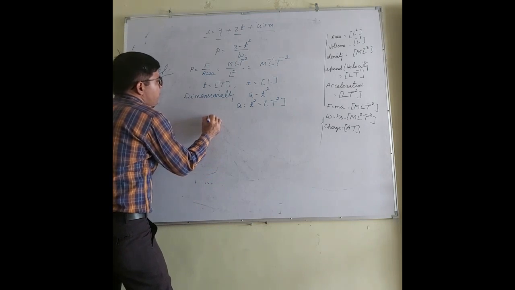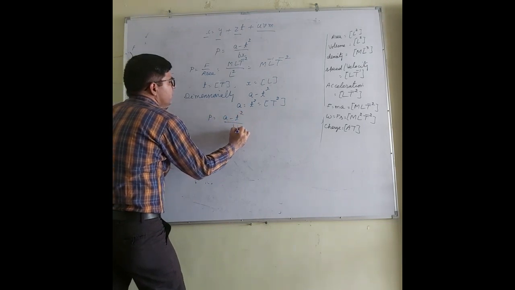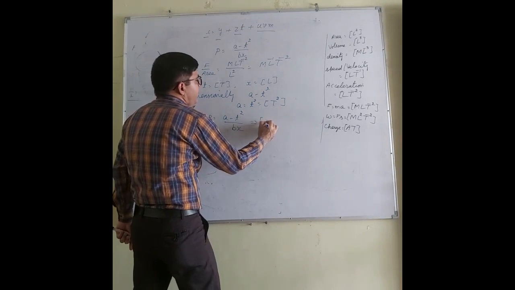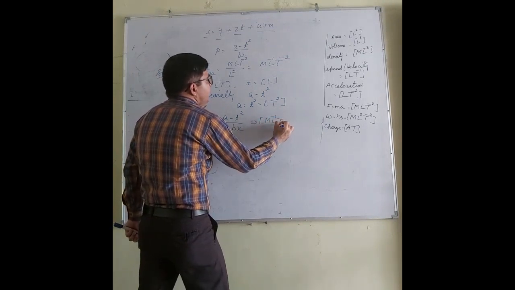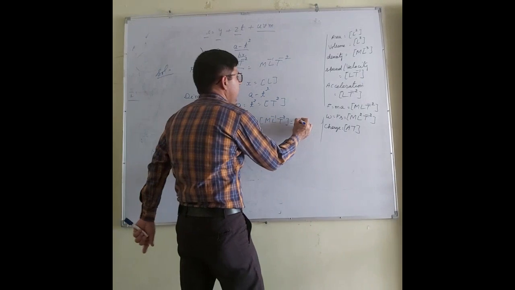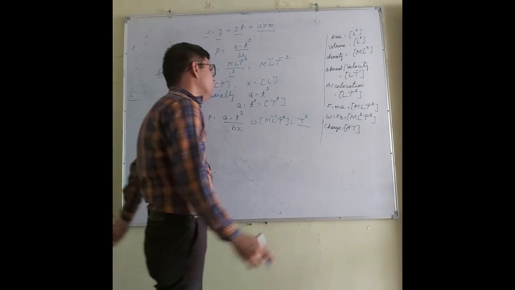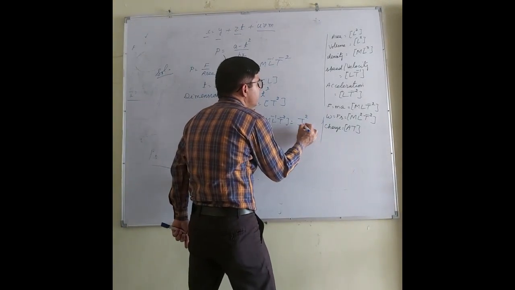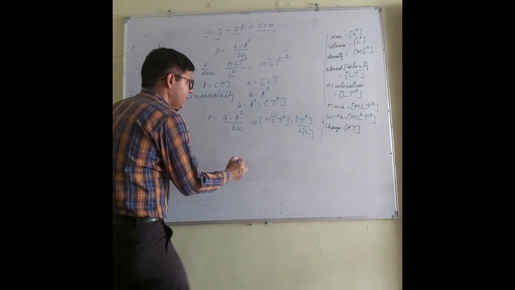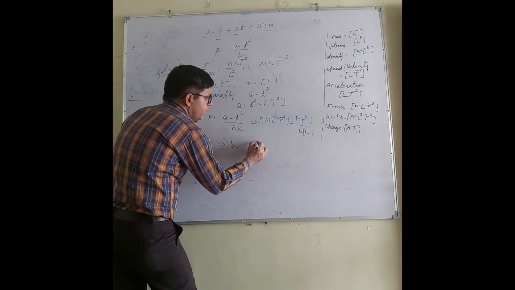Now, pressure equals A minus T square upon Bx. Writing the dimension formula on both sides, the dimension of pressure is M L minus 1 T minus 2. What about A minus T square? It is T square. And what about B? I have to calculate. And what is that of X? It is L. So what will be the dimension formula of B?